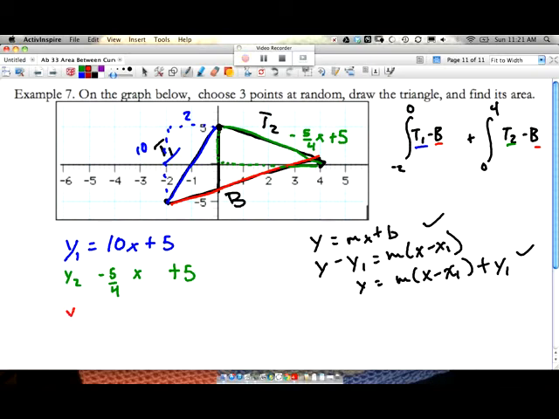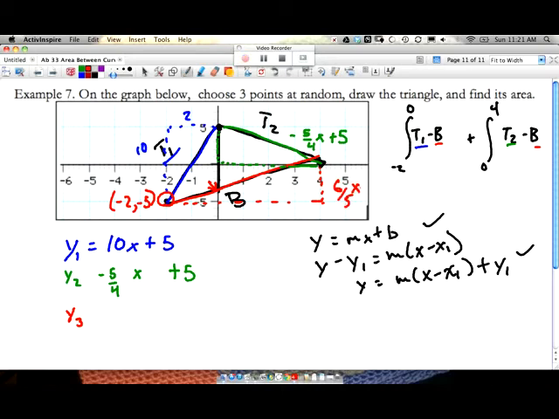And then the third one is probably the most complex because I'm not sure what the y-intercept is right there. But I could use this point here. That's the point -2, -5. And then our slope, looks like we have a run of 6 and a rise of 5, so that's going to be a 6 over 5 slope.